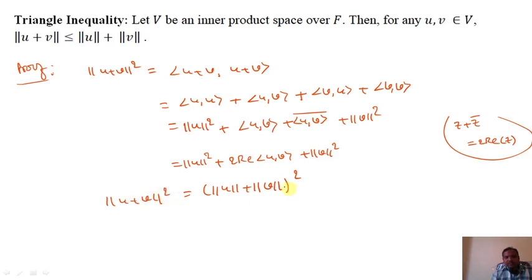So these all are positive terms. This implies you can write norm of u plus v is less than or equal to norm u square plus 2 real part, we can write 2 into the absolute value of u comma v.